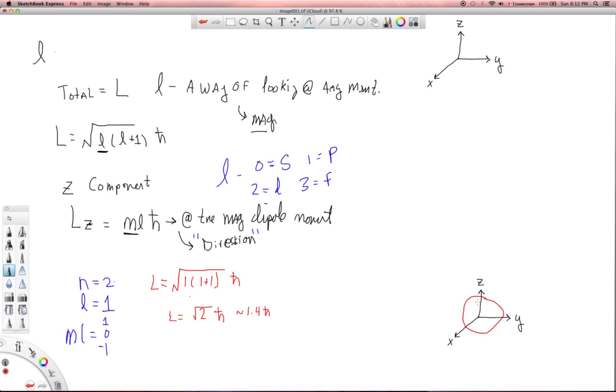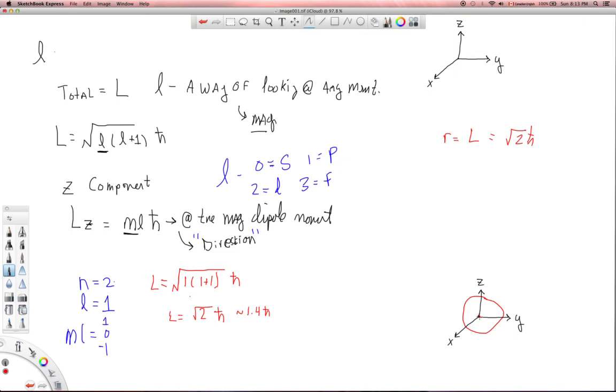And then I'm going to say that, starting right here at my origin, the radius of the sphere, r, is going to equal the magnitude of the total angular momentum, L. So r is going to equal L, which in this case is the square root of 2 times h bar.